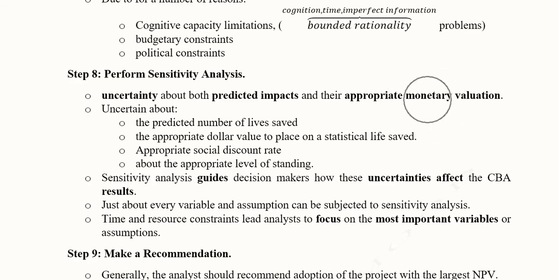So appropriate monetary valuation was done, but due to the prediction regarding the number of lives saved, the dollar value that we should assign to the statistical life, and also the discount rate, the social discount rate, its value can be imprecise as well at times, and also the appropriate level of standing should be determined.